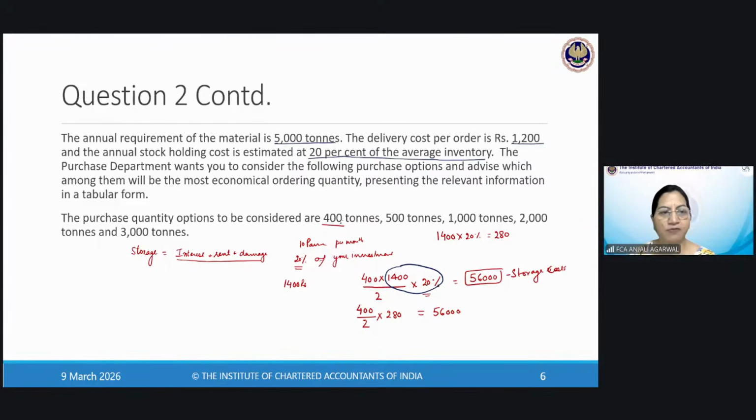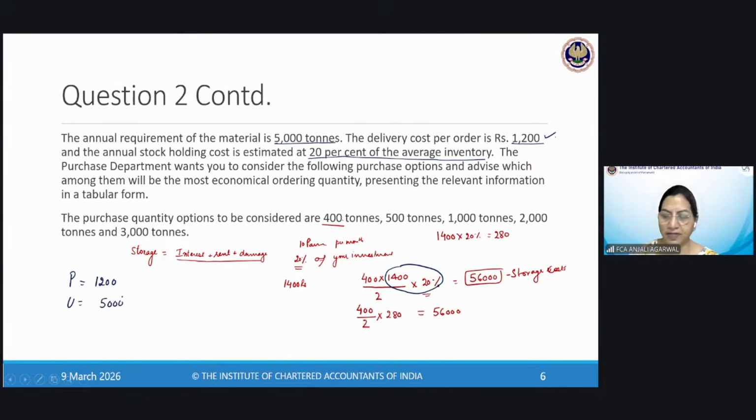Now, in this question, the levels are given. At what levels you have to calculate what is the optimum quantity: 400 tons, 500 tons, 1000 tons, 2000 tons. Cost of placing is given here as 1200, and usage is given as 5000.